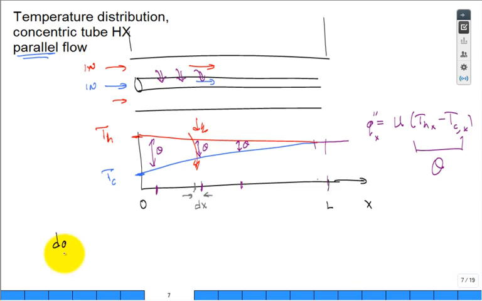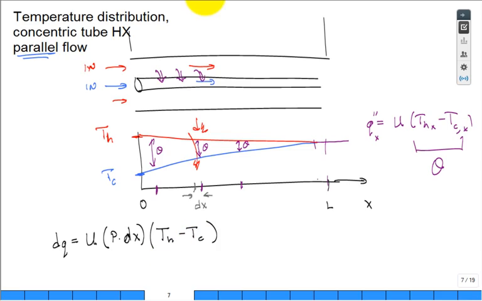So the dq would be a U times an area, perimeter times a dx. That's my little small area, dA, times what drives the heat transfer, the temperature difference at that location.